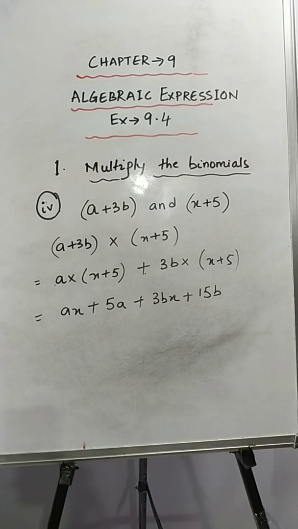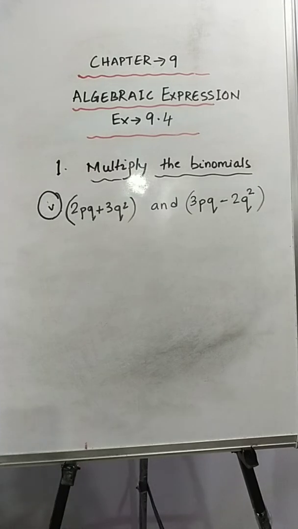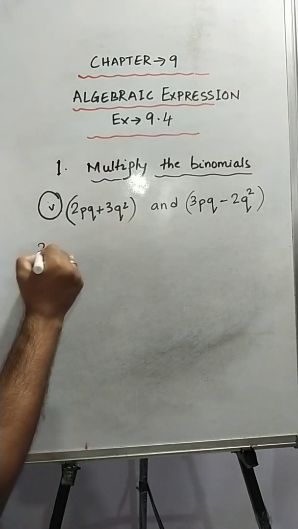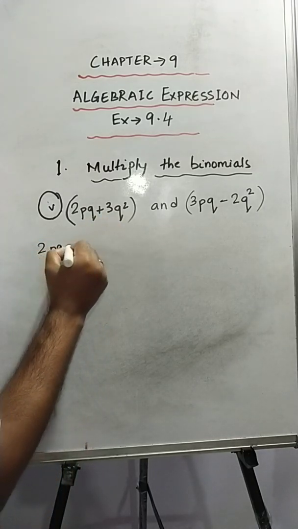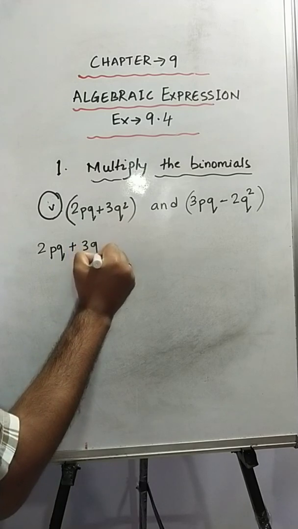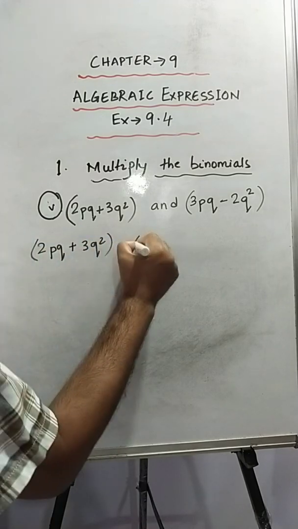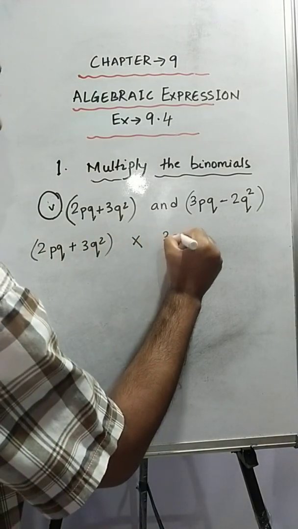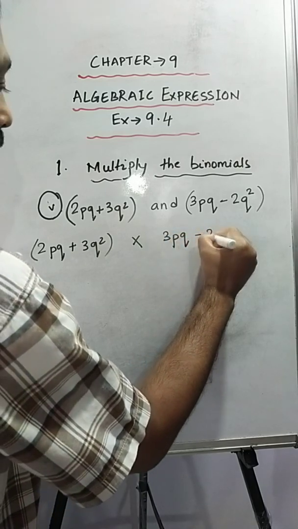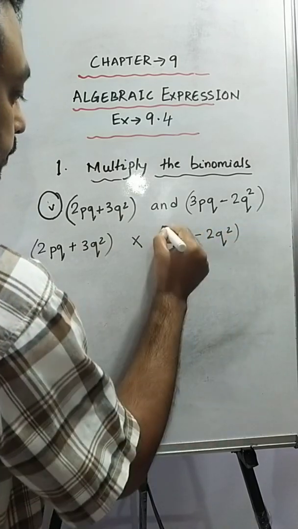Okay, so now let's do the last sum of today's session, that is sum number 5 of question number 1. So this is sum number 5, students. Let's do the first step. In place of 'and', we have to put a multiplication sign, with (3pq - 2q square).